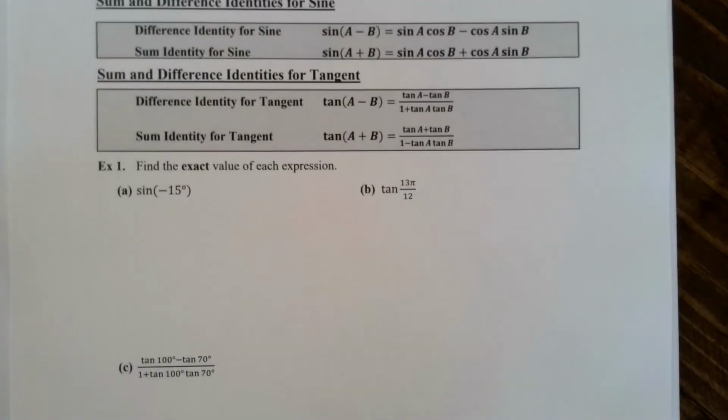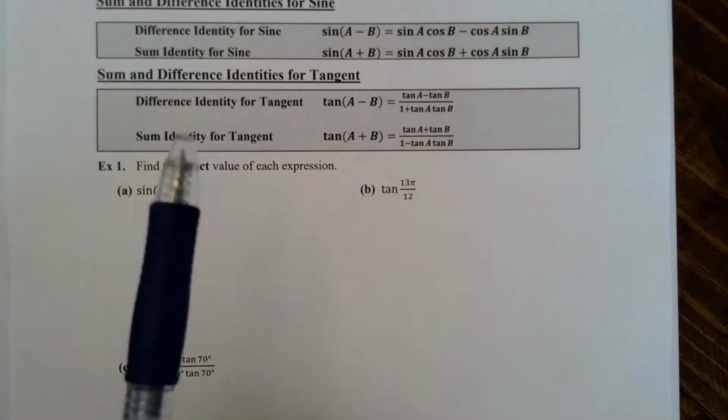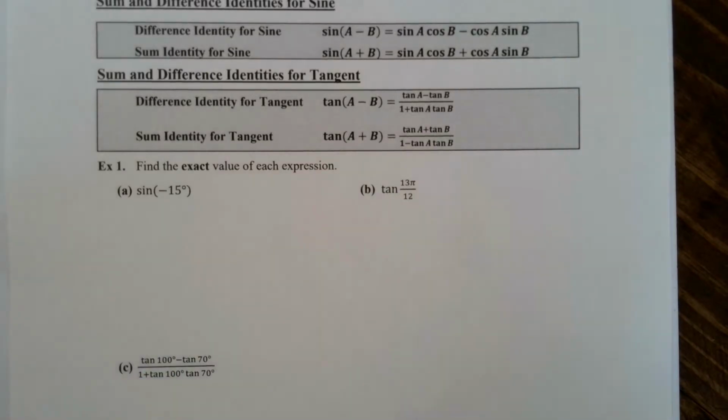Let's talk about how to use these. We want to find the exact value of each expression using the identities. We have sine of negative 15 degrees.